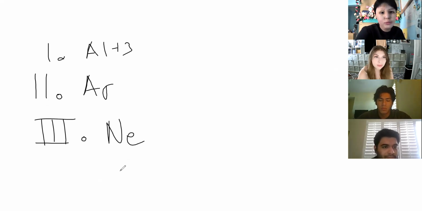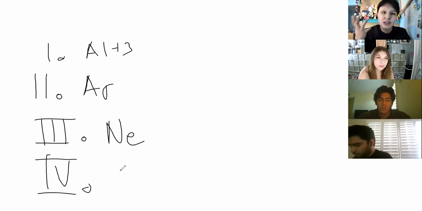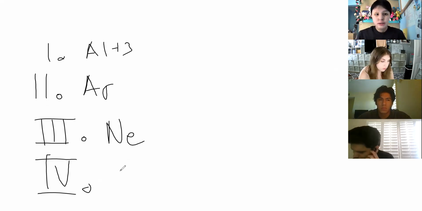Isoelectronic would mean having the same amount of electrons as a noble gas, or the next nearest. Yeah, they have the same amount of electrons. It doesn't necessarily have to be the same as a noble gas. It just means that you have the same amount of electrons. If you're an ion, you could be isoelectronic with some other element.